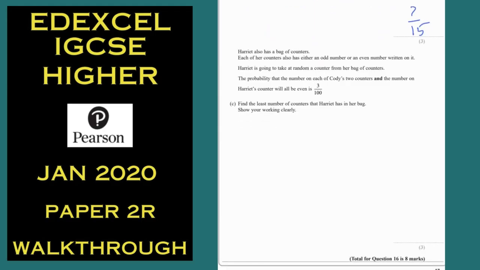Waffle, waffle, waffle, yeah. But Harriet's, here's where it gets important, the probability that the number on each of Cody's two counters and the number on Harriet's counter will all be even is 3 over 100. So let's wind that back. Let's look at Cody's counters.